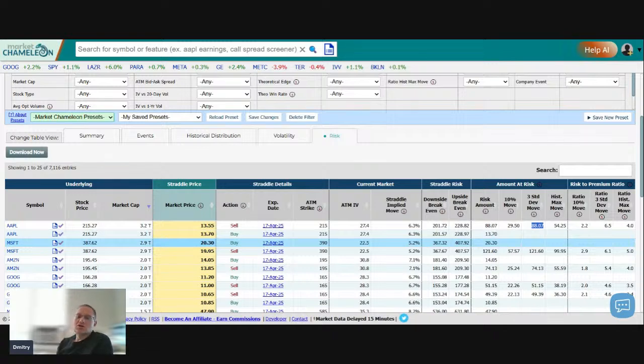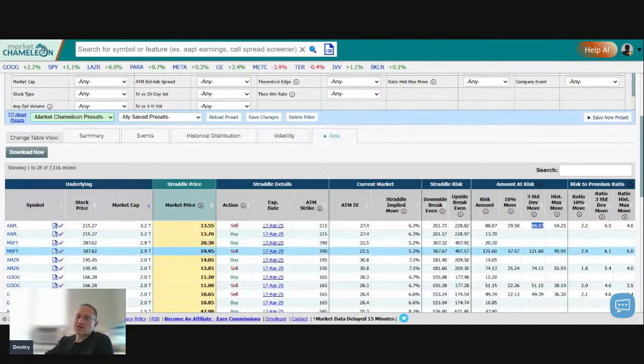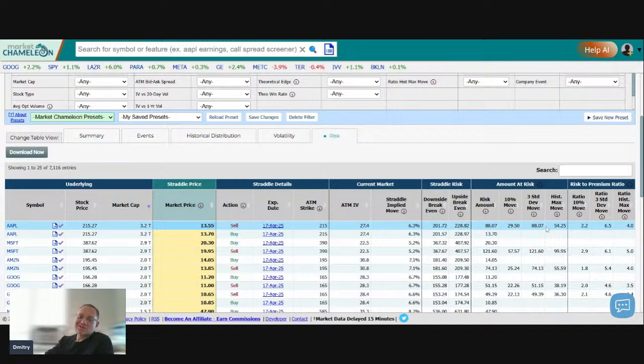And how much would I potentially lose? Here you could see that would result in an $88 loss. You would have to buy back whatever you sold it for, at an $88 loss.